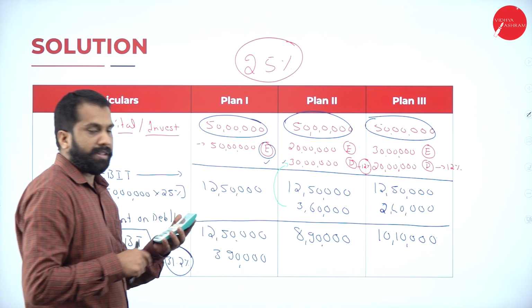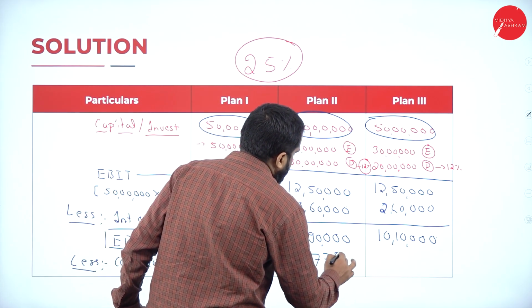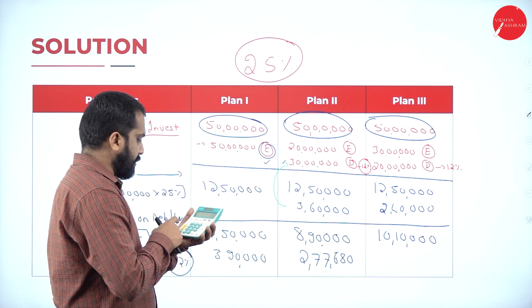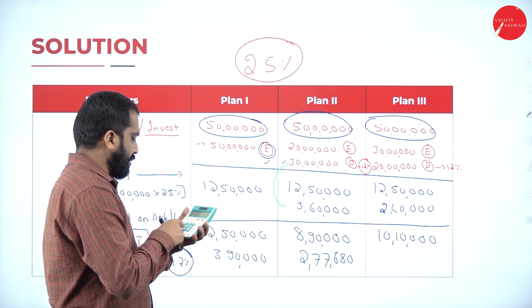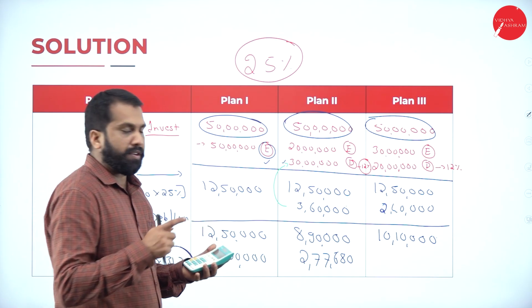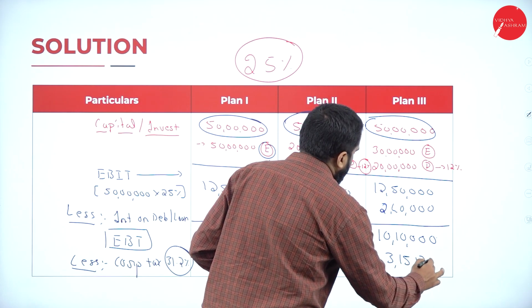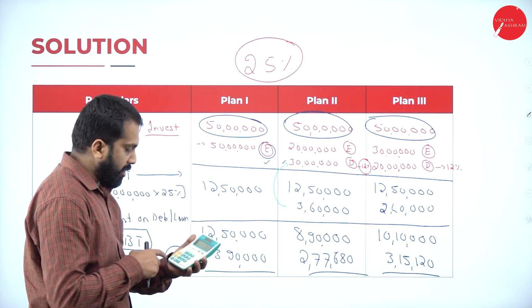I got 2,77,680. And this one, 10,10,000 into 31.2%. I got 3,15,120. 1, 2, 3. I'll cross check once.